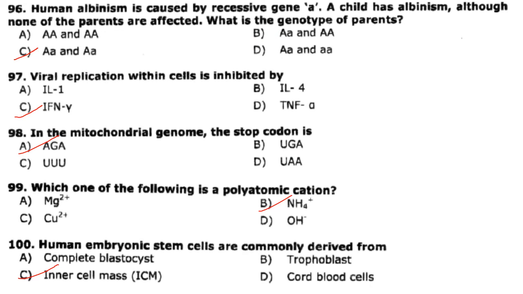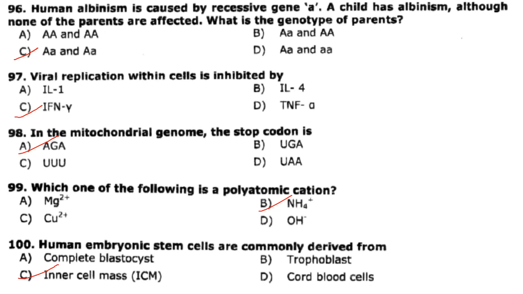Then next one. Human albinism is caused by recessive gene A. A child has albinism although none of the parents are affected. What is the genotype of the parent? It is caused by the recessive gene, and they have told that a child has albinism although none of the parents are affected.